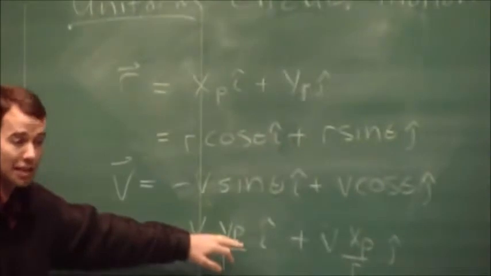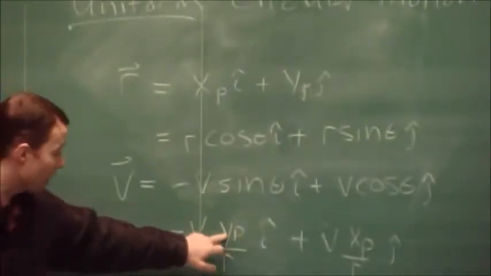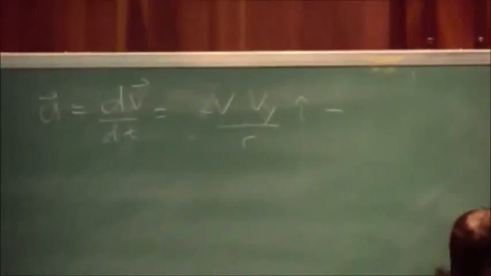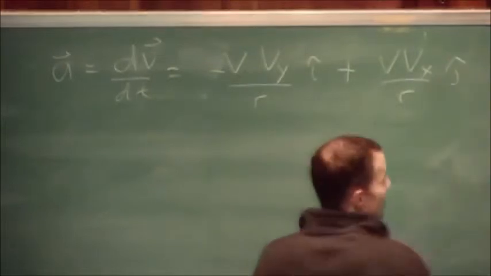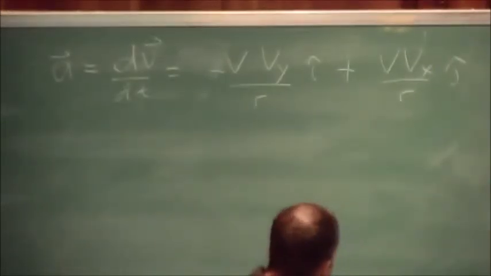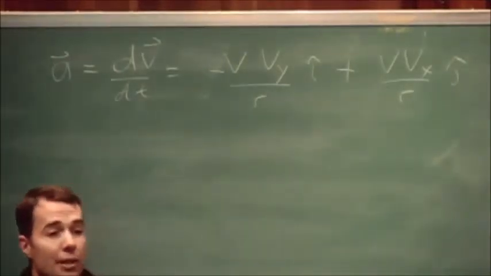That's vy, right? So I'm going to get minus vy over r i hat plus vx over r j hat. Okay, now we do it again. Yes?